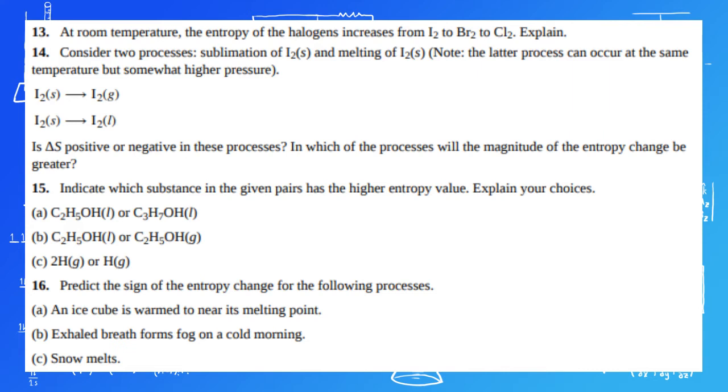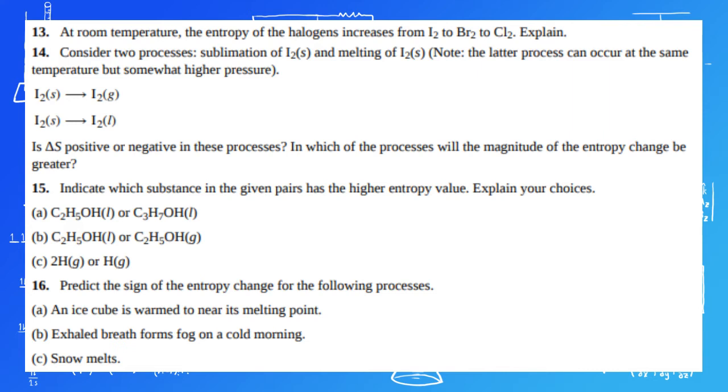14, consider two processes, sublimation of solid iodine and melting of solid iodine. Note the latter process can occur at the same temperature but somewhat higher pressure. Okay, is delta S positive or negative in these processes? Positive. The entropy final is greater than the entropy initial.